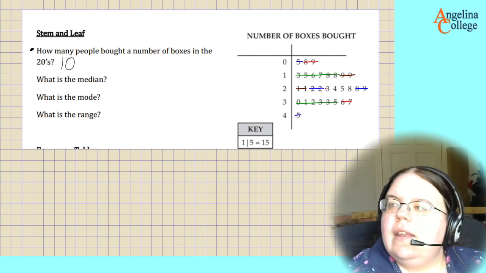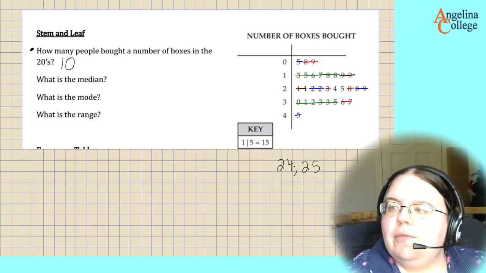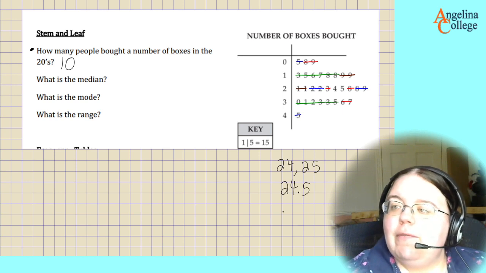And then a 23 and a 28. And I see we do end up with two numbers in the middle here. So remember, that's really 24 and 25. Halfway between them would be 24 and a half or 24.5.